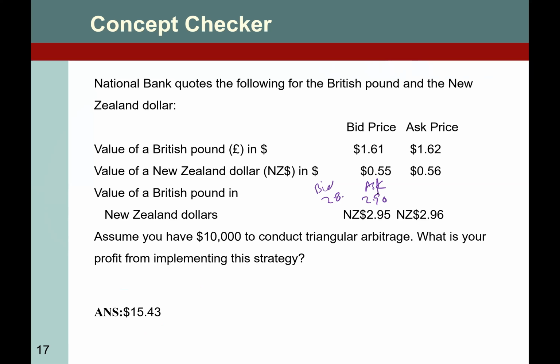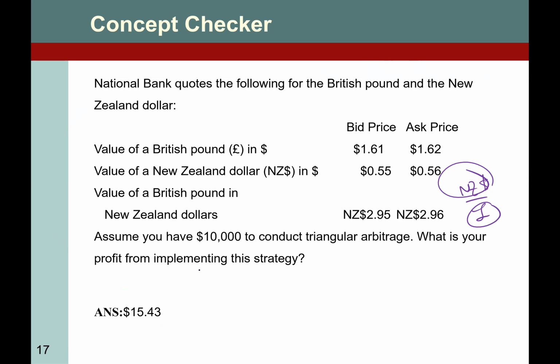Always, the ask price is greater than the bid price. So what you have to do with this rate that we just found out, which is under pound: the strategy is, you have dollars, convert first into pound and then New Zealand dollar.